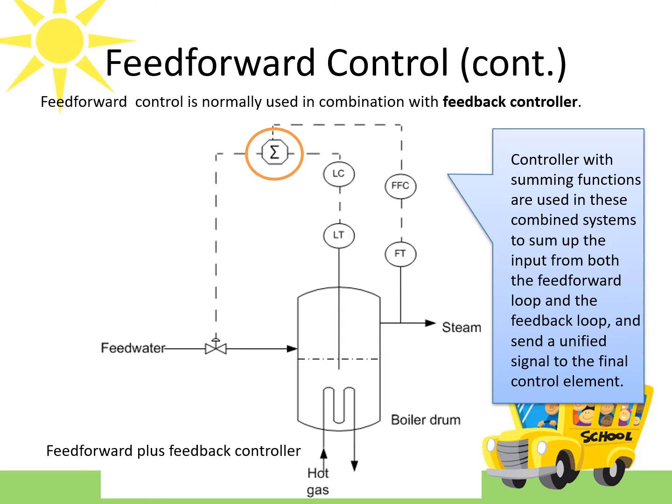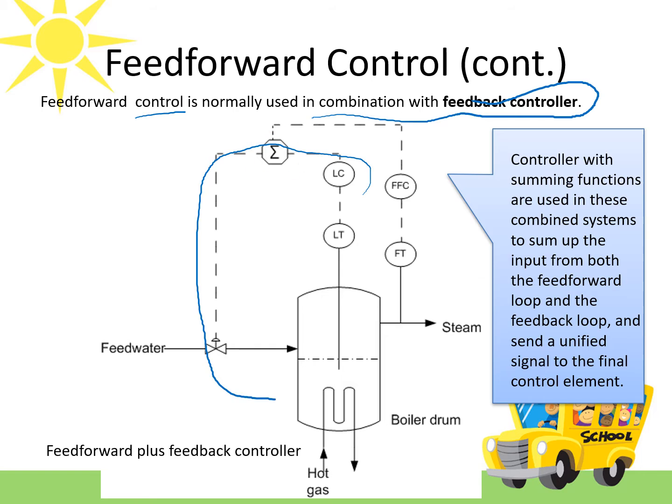Feed-forward control is usually or normally used in combination with a feedback controller. So this is your feedback controller, and then you add another controller, which is the feed-forward controller.